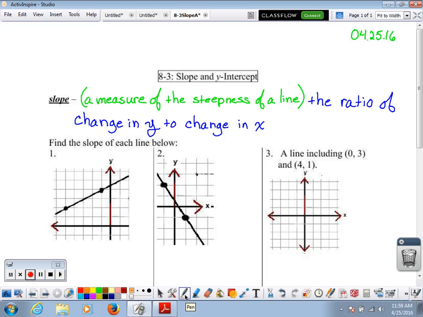And we know that graphs have x coordinates and y coordinates. We plot a bunch of points, and we draw a line through all the points. And that's how we graph. Now, when we talk about the slope of a line, we're talking about how steep that line is. The way we calculate it has to do with the change in y and the change in x.